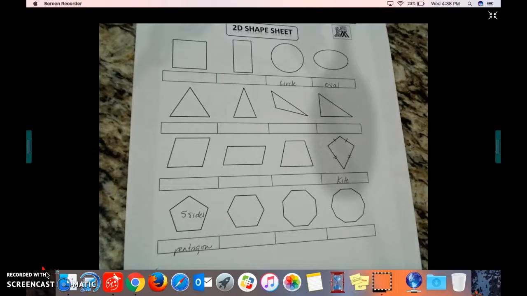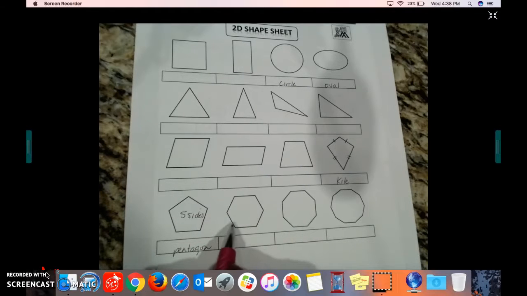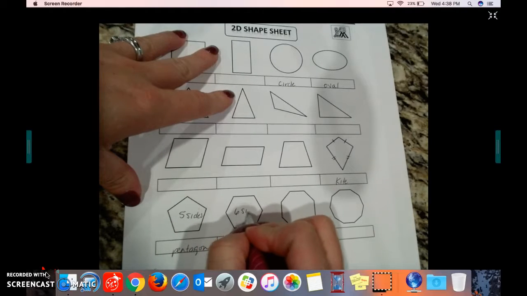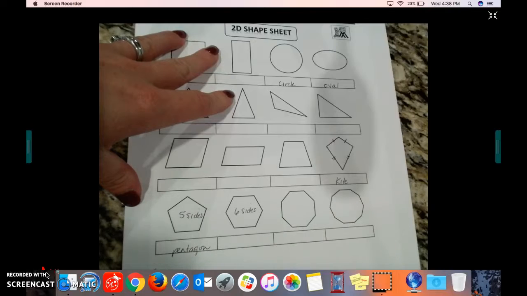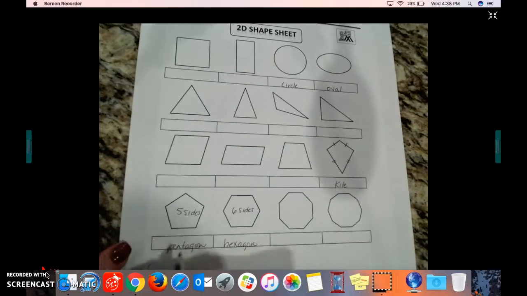So we're going to write pentagon. Okay? Then we have 1, 2, 3, 4, 5, 6 sides. We call that a hexagon. And you'll learn later that pent means 5 and hex means 6.